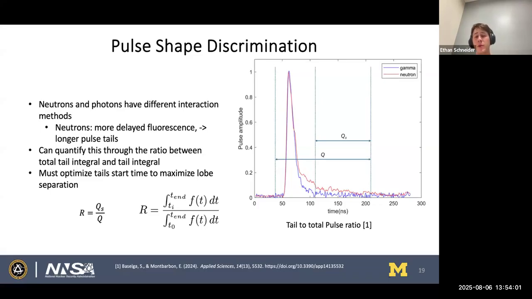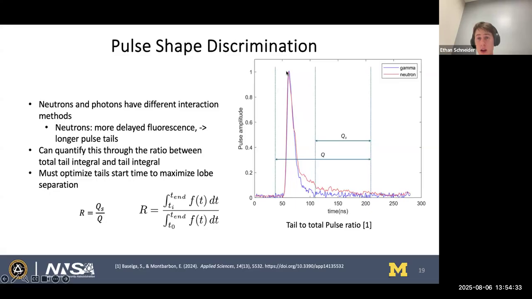In other cases, if you were to have a much higher activity source, or you get too many counts at once, you might experience something we call pulse pileup. Instead of just having one pulse in a time window, you have a pulse and another pulse on its tail itself. So whenever you're building these pulse processing algorithms, in addition to optimizing your tail start time, you have to be careful that you're filtering out all these pulses that have the double pulse in there.